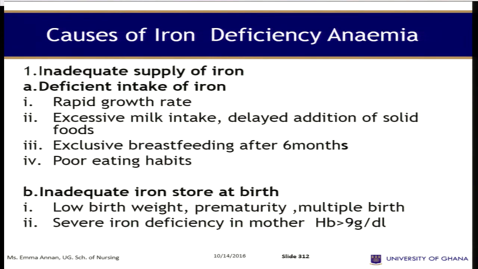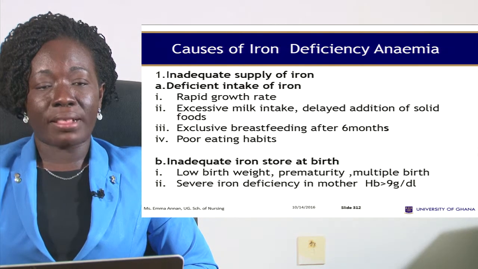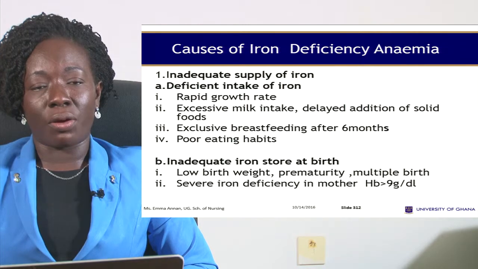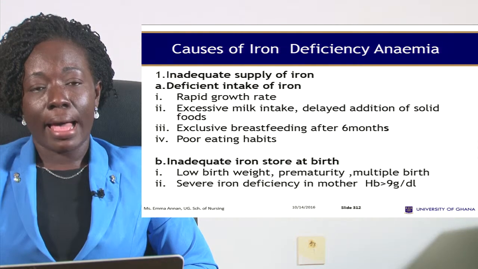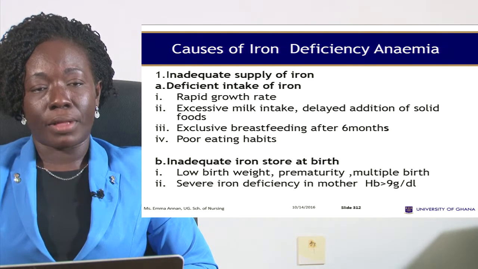Causes: we have inadequate intake of iron, and this is as a result of rapid growth rate, excessive milk intake, delayed addition of solid food. So I can't remember, in the previous semester when we were talking about breastfeeding, I said that breastfeeding babies are not prone to anemia, because even though the breast milk contains less iron, it is the right amount for the patient, and the baby is able to absorb it.